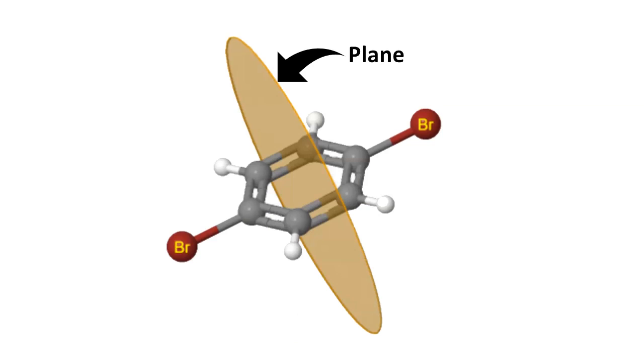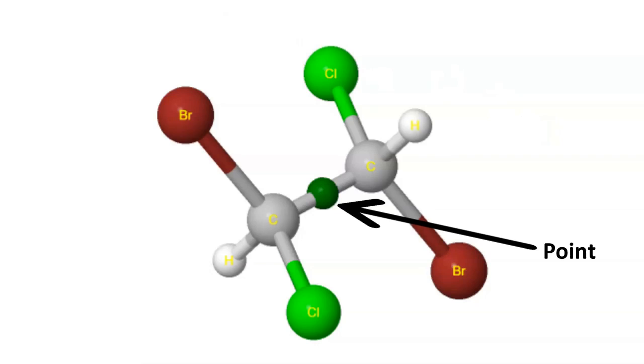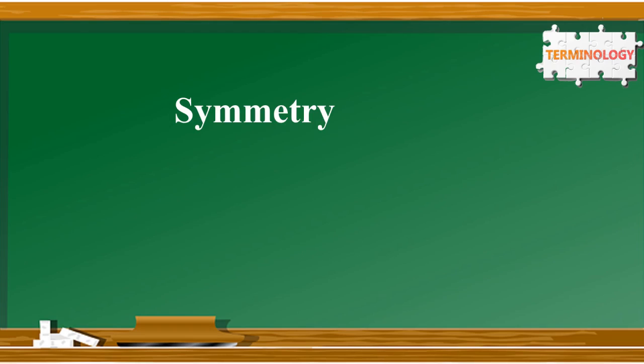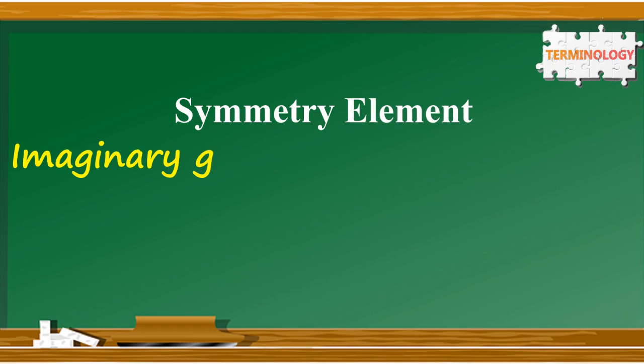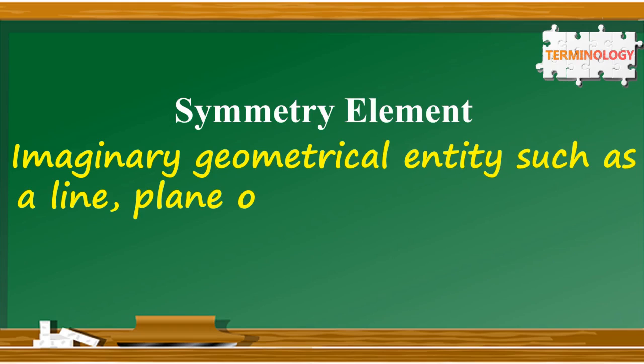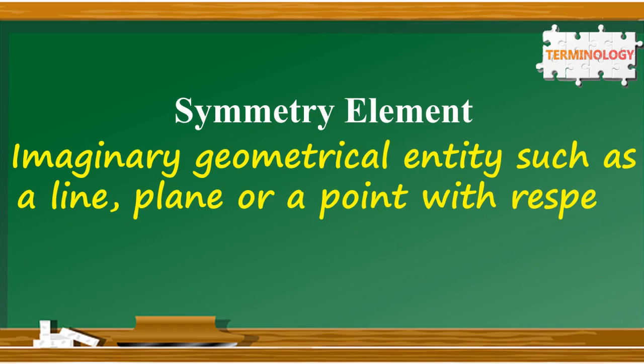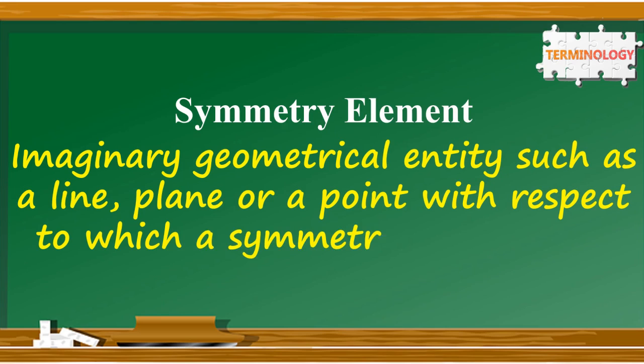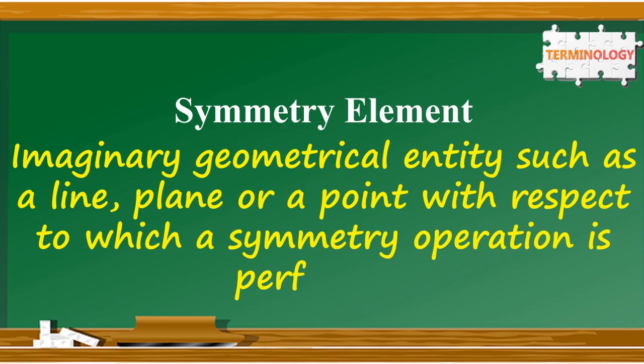Whereas in the last example, the operation was carried out about a point. These geometrical entities are called symmetry elements. So a symmetry element is defined as an imaginary geometrical entity such as a line, a plane or a point with respect to which a symmetry operation is carried out.